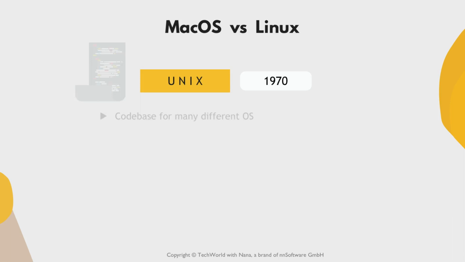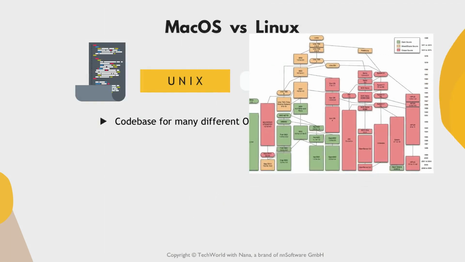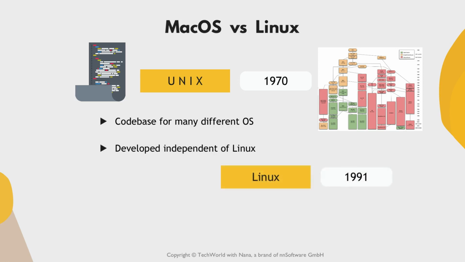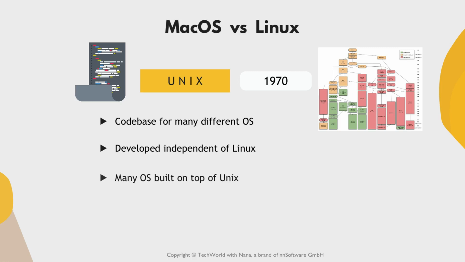Unix was basically a code base for many operating systems back then. And even though it sounds very similar to Linux, it was created independently from Linux, before Linux actually. And it developed in many different ways, resulting in many different flavors of operating systems that were all based on Unix, meaning they all had the source code from Unix and basically just built on top of that.